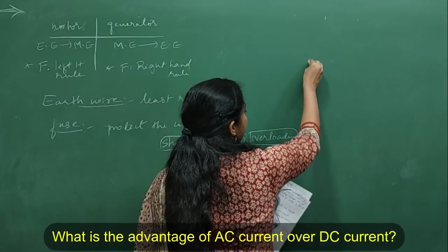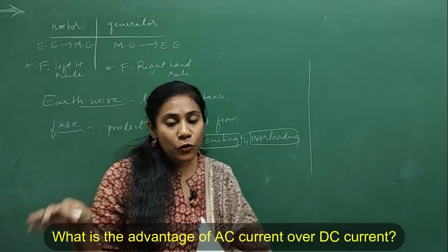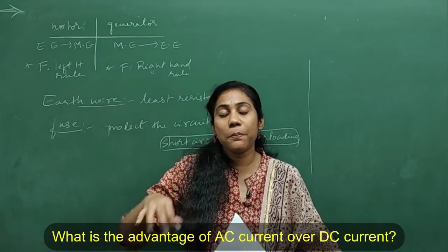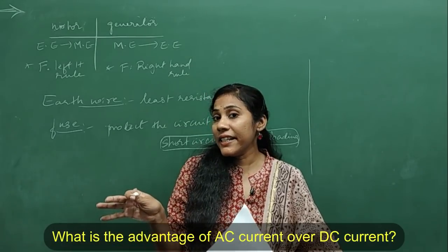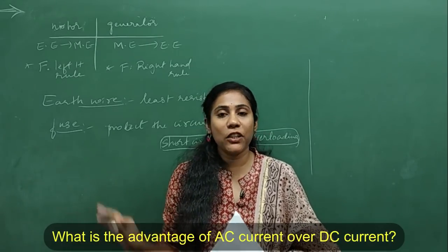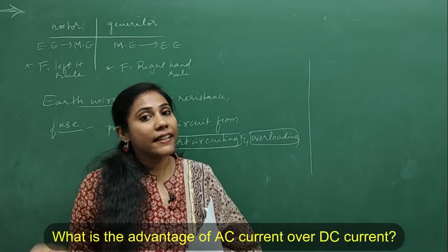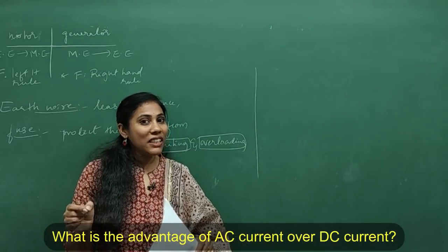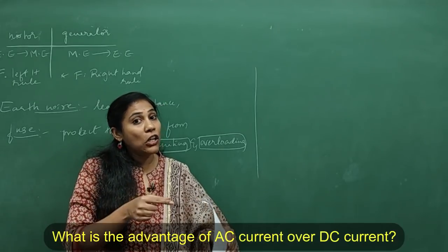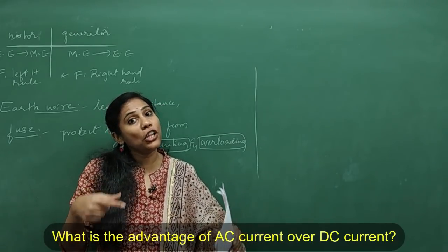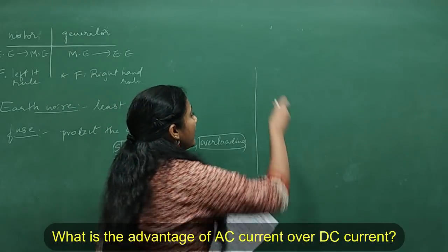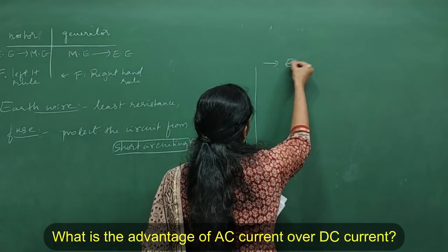And the next one is, what is the advantage of AC current over DC current? You see, AC current is the one whose direction changes periodically. DC current's direction will not change periodically, right? AC current is better than DC current because electric power can be transmitted to longer distances without the loss of much energy, right? So what is the answer you can write here?